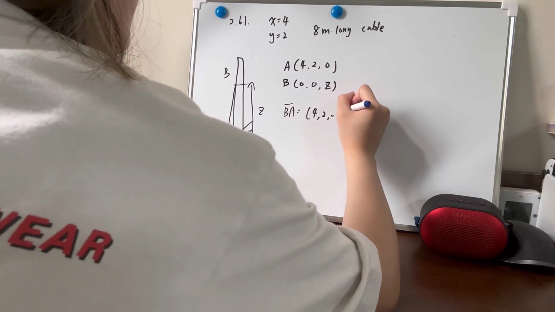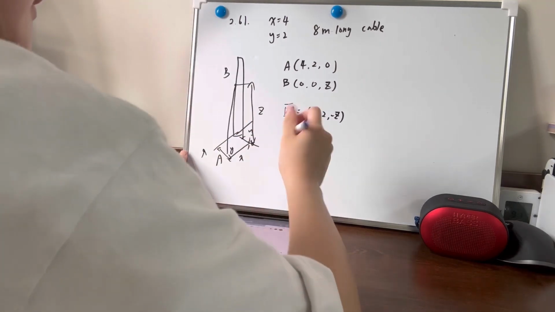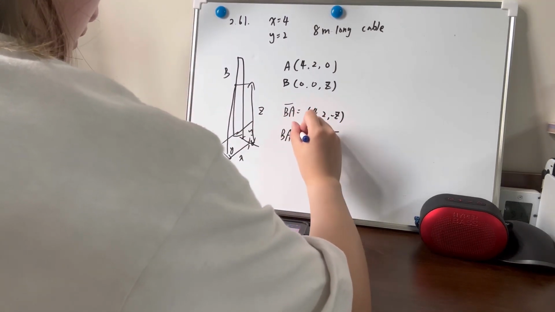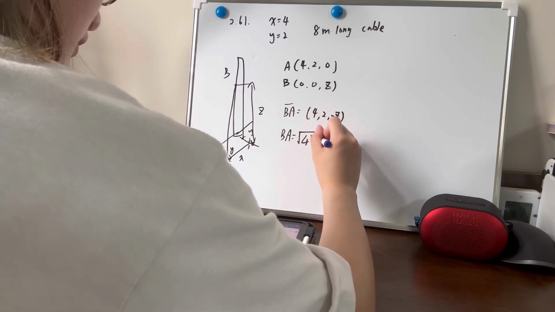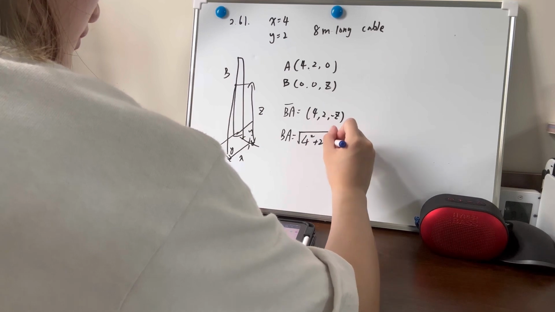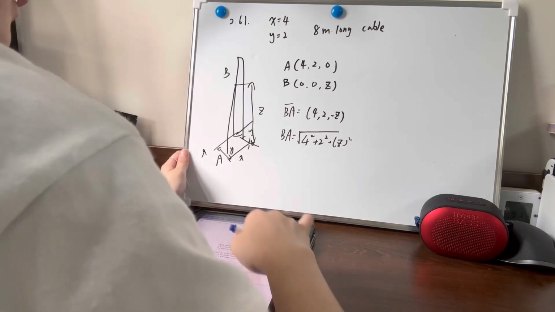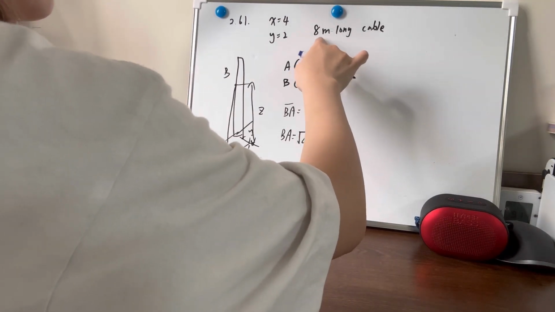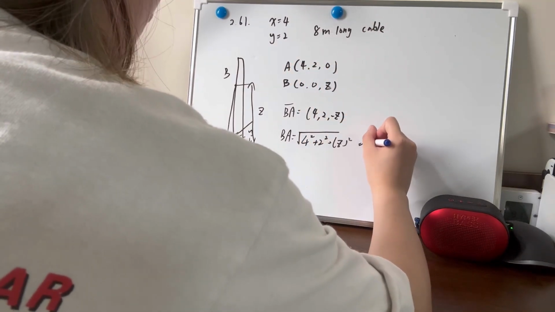is minus Z, and the magnitude BA is like 4 squared plus 2 squared plus Z squared, and the question tells us the total cable is 8 meters long, so we know here is 8.